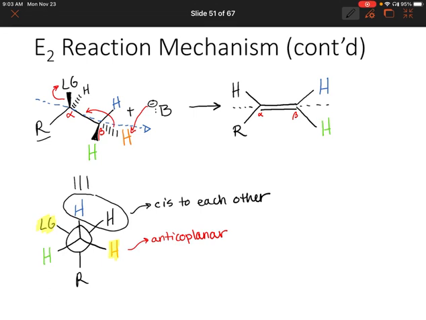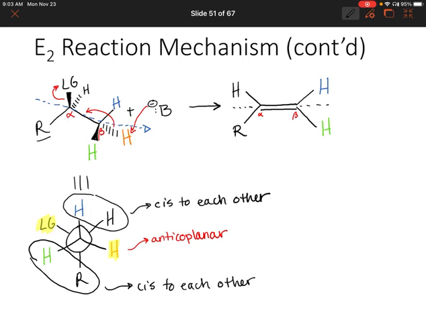And then looking at our Newman projection again, the green hydrogen and the R group will be cis to each other. Looking up above at our alkene, that is true. The R group and the green hydrogen are on the same side of the double bond.